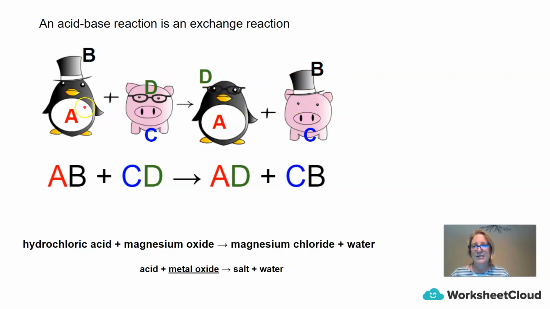So if we represent the penguin with the letter A, we have A as a reactant and we have A as a product. And if we represent the pig with letter C, we have C as a reactant and C as a product.